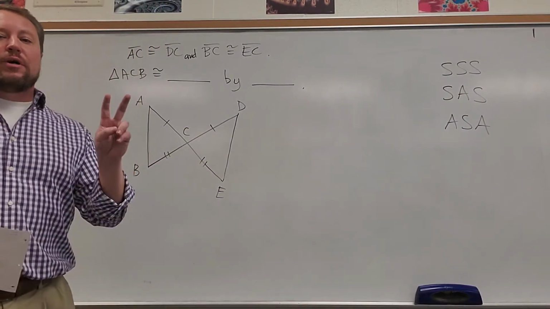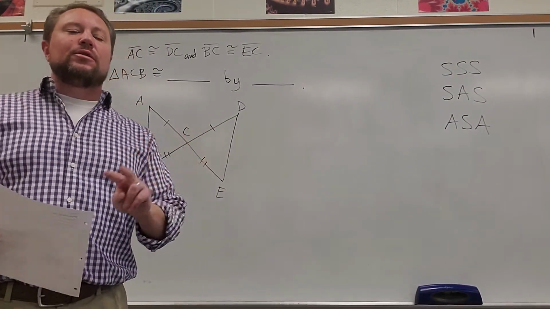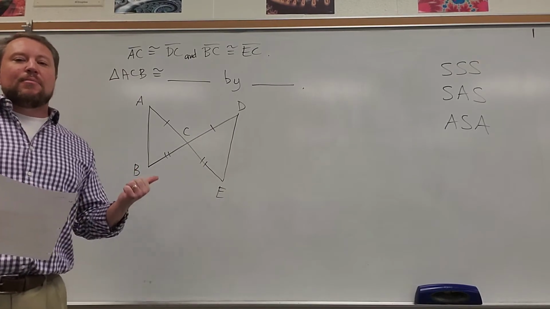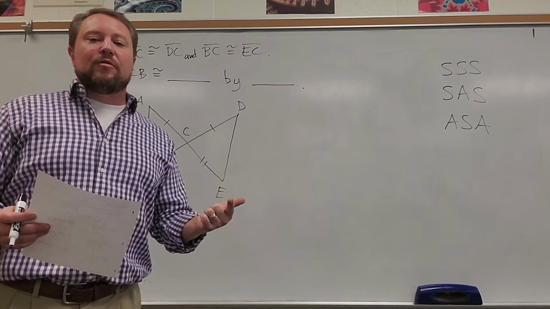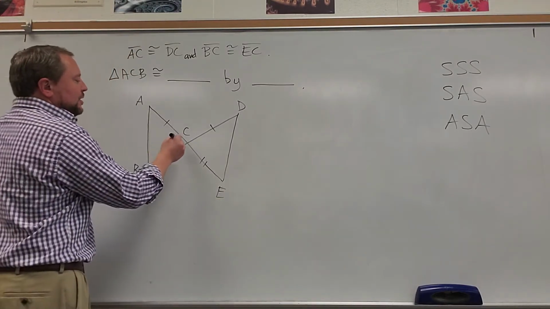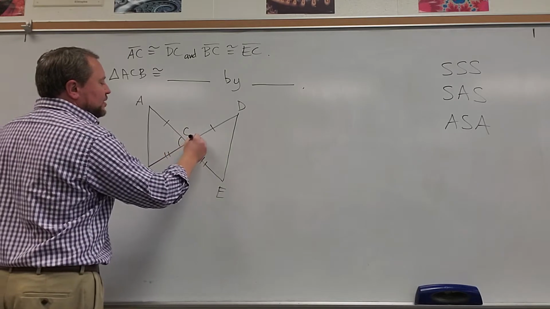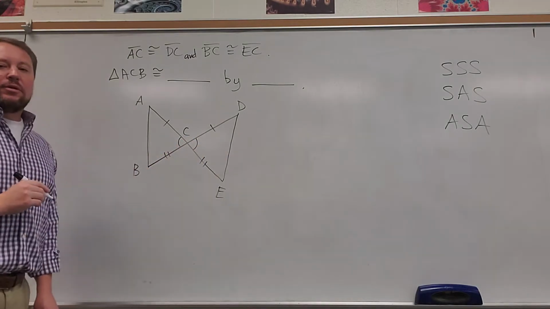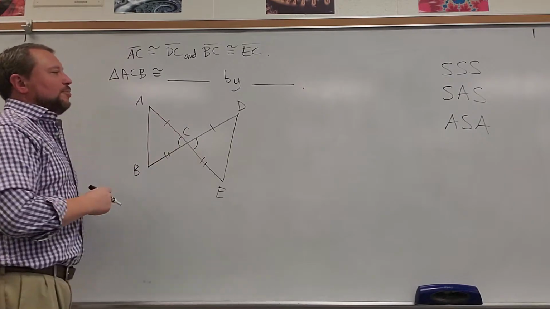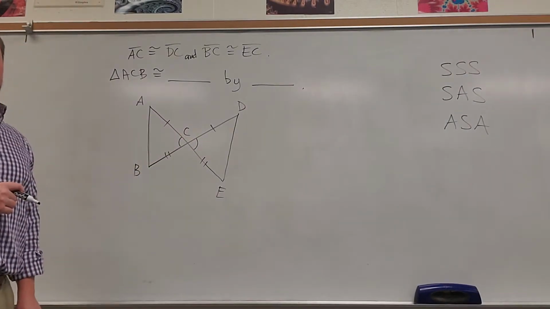There must be a third pair of parts if I'm going to be able to prove them congruent. And remember, we also learned in our previous lesson there were two things you've got to watch out for: if triangles share a side, and watch out for vertical angles. When I look at this picture, I can see that this angle and this angle are vertical angles, so they would have to match. And that gives me just enough to prove the triangles congruent.